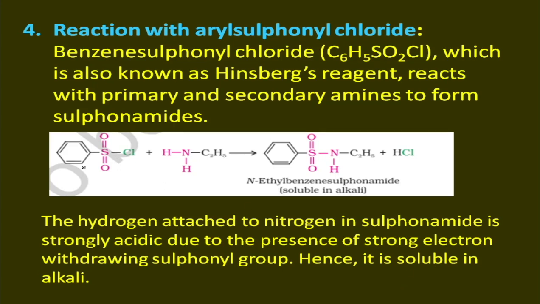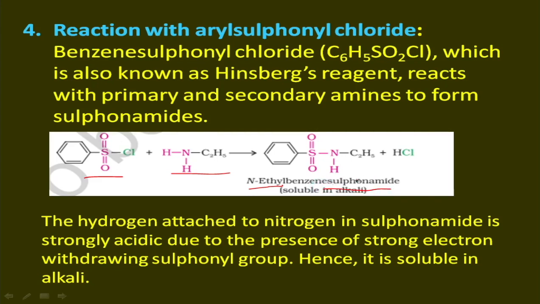So, benzene sulfonyl chloride when reacted with primary or secondary amines, you get a compound called N-ethyl benzene sulfonamide.